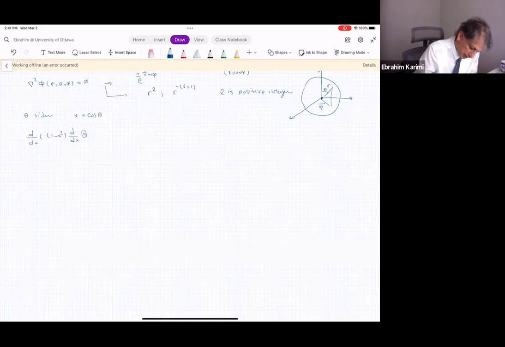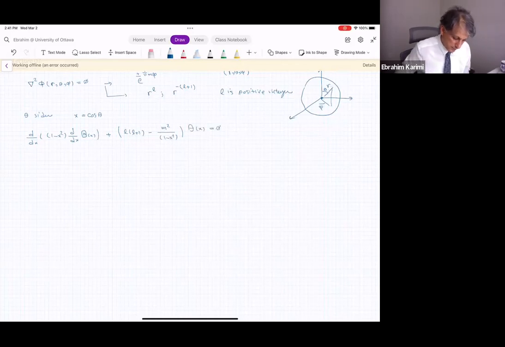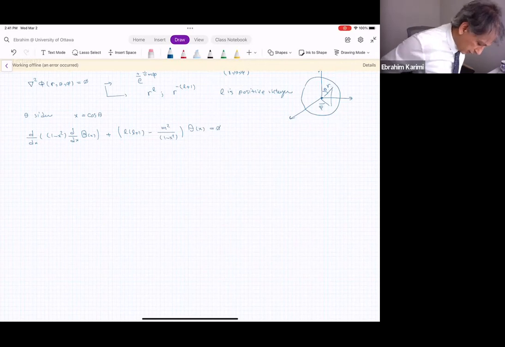So yes, it was Theta of x, and then plus L times L plus 1, and then we had minus m squared divided by 1 minus x squared, yes, it was 1 minus x squared, times Theta of x. Okay, so that was what we got last time.